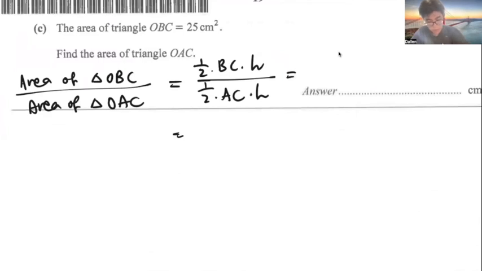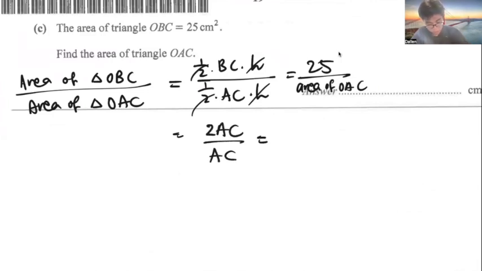And this also equals 25 over area of OAC. If you eliminate, this is 2 AC over AC equals 25 over area of OAC.